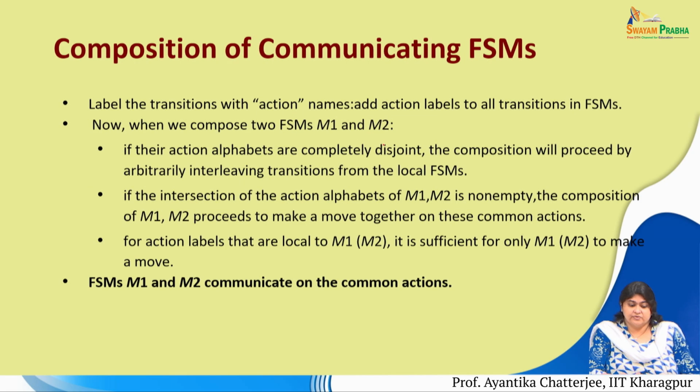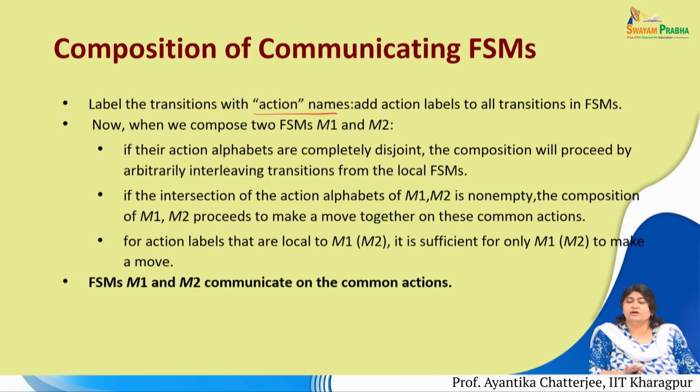So, here we take the composition of communicating FSMs, which means we need the communication and its validation. For this validation, we generally define some action names. That means we label the transitions with action names. These action names define kinds of transitions.